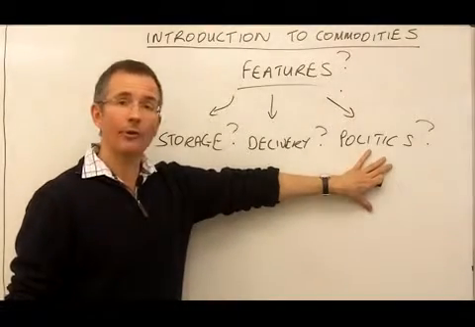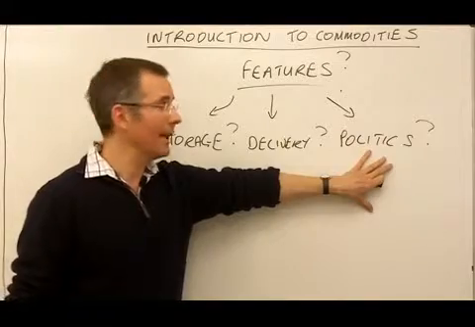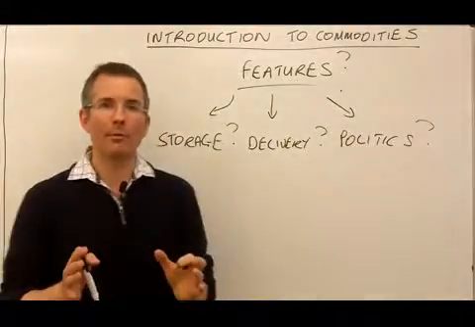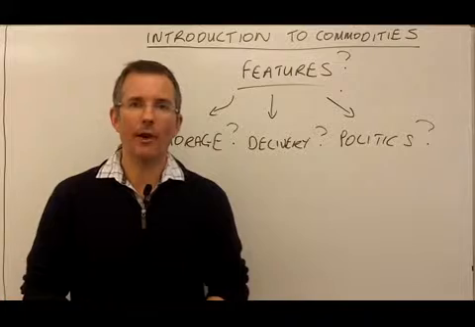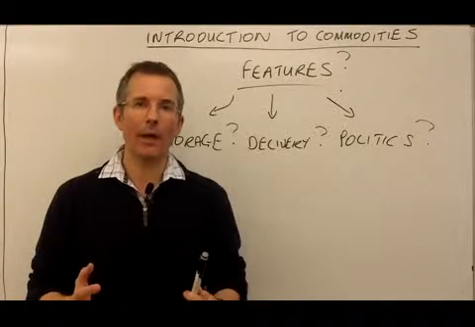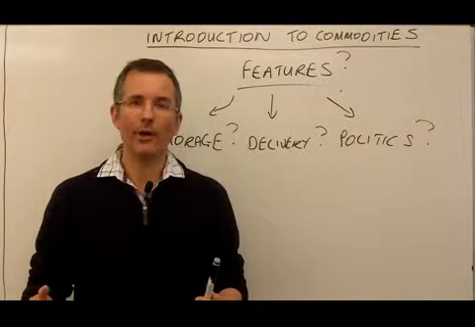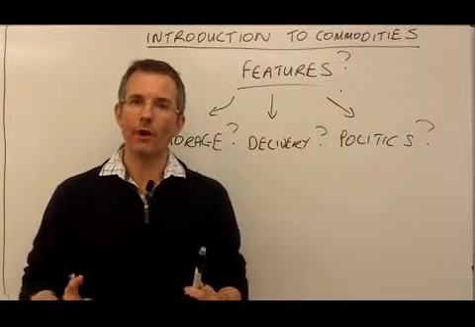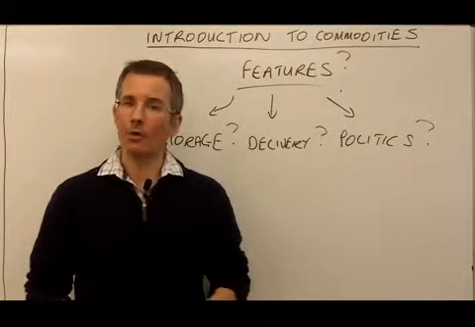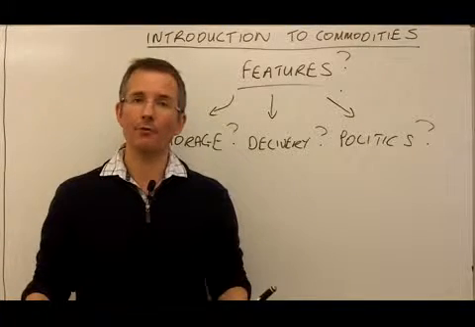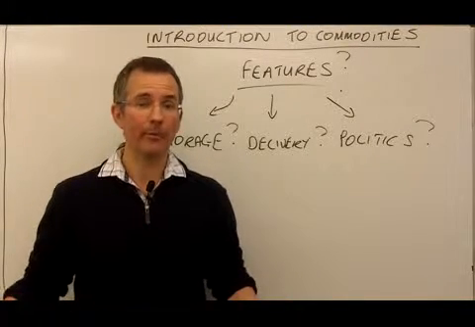And the cocoa price has shot up around 12% this year already because of political problems over in the Ivory Coast. So if you're going to be in a commodities market and you want to understand what's going on, you need to start reading the news, you need to start getting interested in where these things are grown and produced. Again, not normally a problem with, say, FTSE 100 shares or gilts.